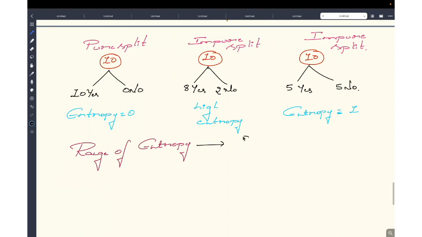The range of entropy is 0 to 1. 0 is a pure split, and 1 is an impure split. I hope it's making sense.